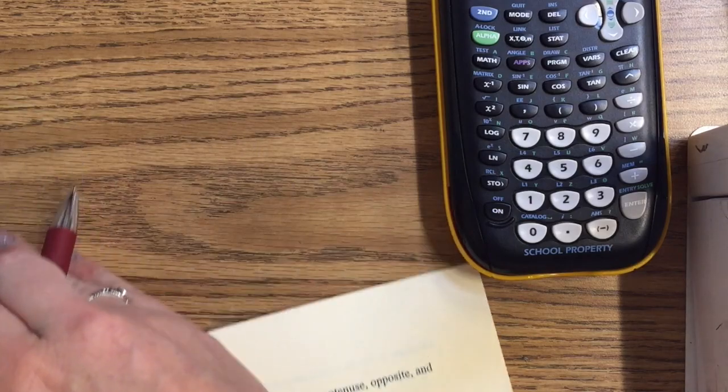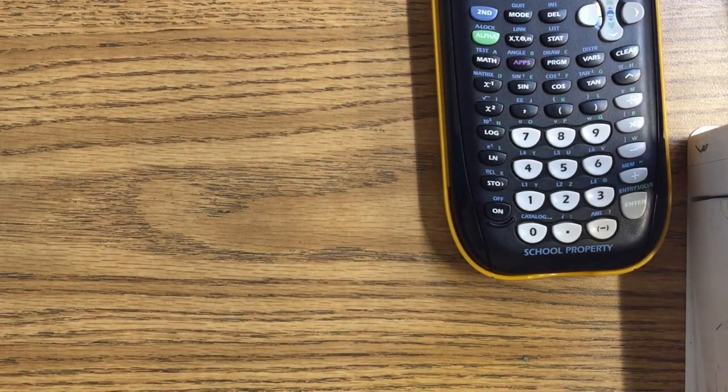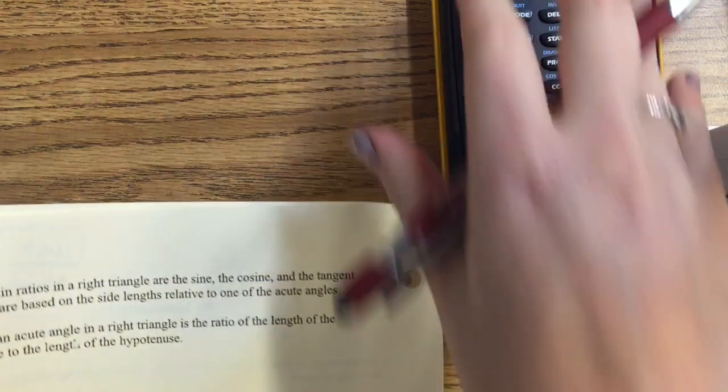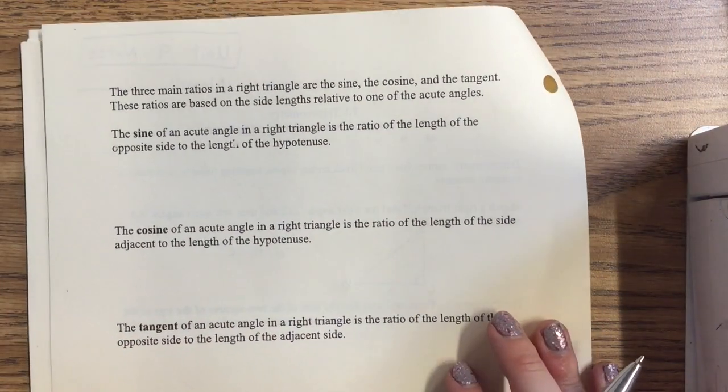Now we're going to go on to trig, which means we'll be using 2 sides and 1 angle in order to solve for missing pieces of our triangles.